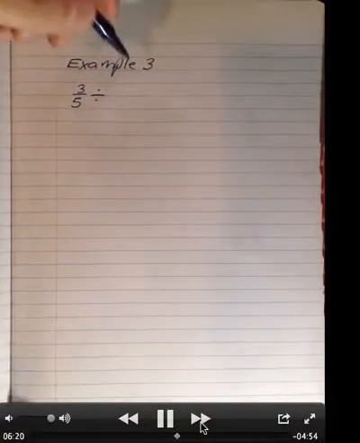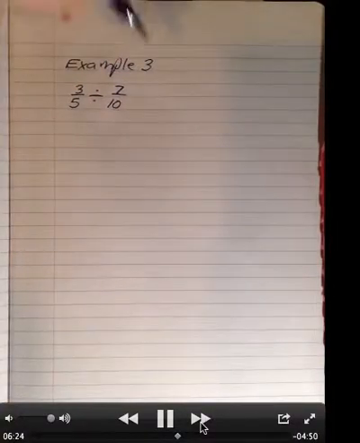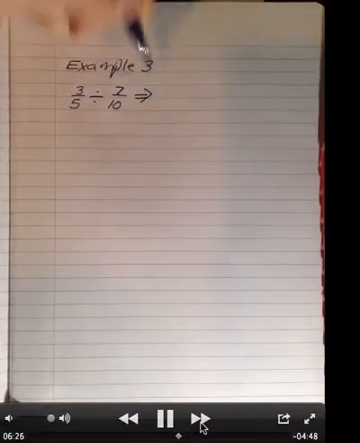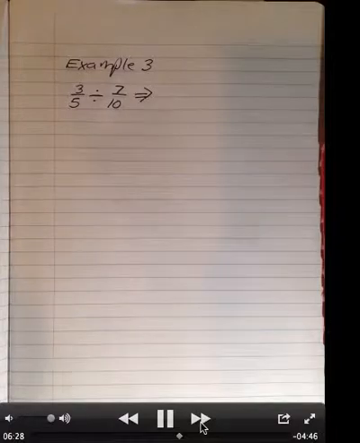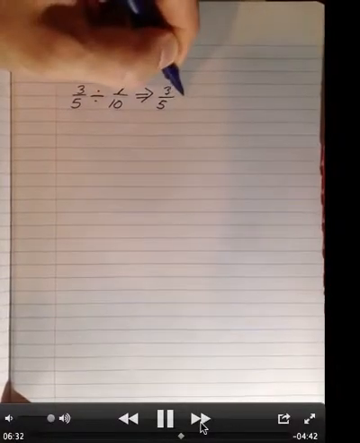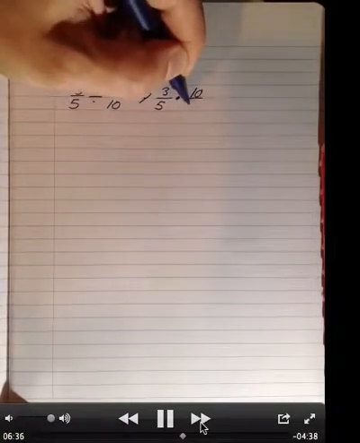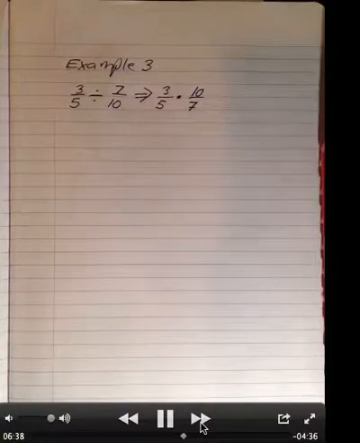Okay, we're on to example 3. 3/5, and now we're going to divide by 7/10. To divide a fraction, you need to multiply by the reciprocal of the divisor, what is being divided. So 7/10 becomes 10/7. That's a reciprocal.